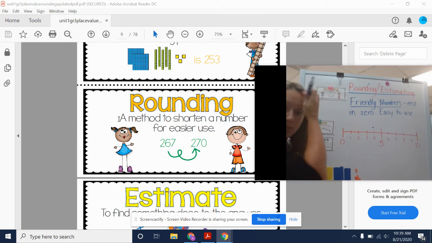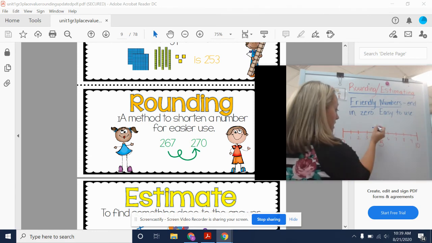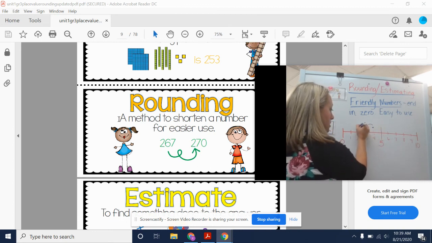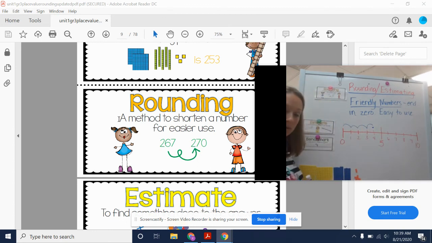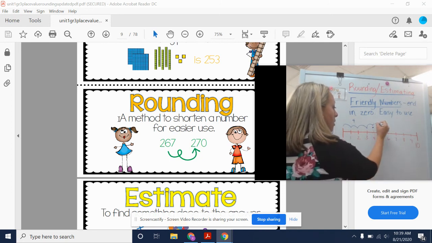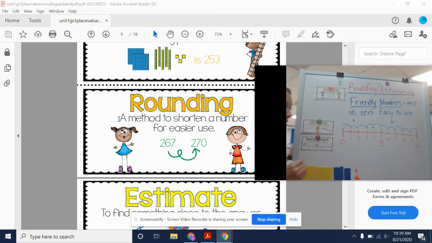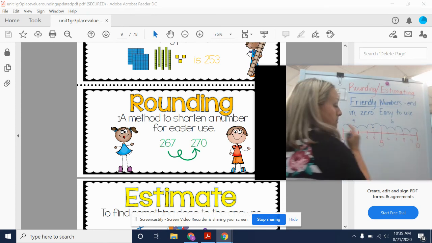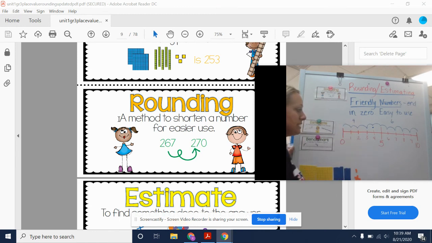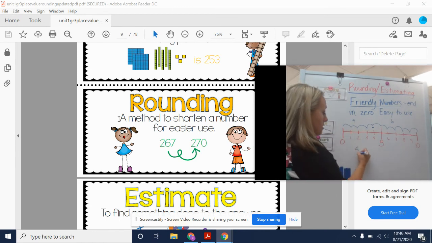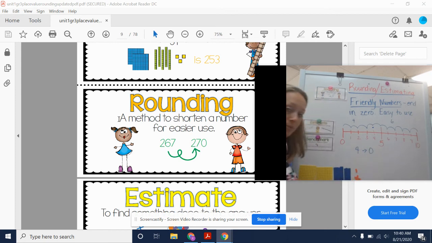Well, if you can't look at your number line and tell, you can count. In between 4 and 0, we've got 1, 2, 3, 4 hops. Okay? In between 4 and 10, we've got 1, 2, 3, 4, 5, 6 hops. You want to round to the shortest distance possible. We're going to round down because we only had to jump 4 times to get back here. We had to jump 6 times to get up there. So we're going to round down to 0. So if we're rounding 4 to the nearest 10, it's going to be 0.